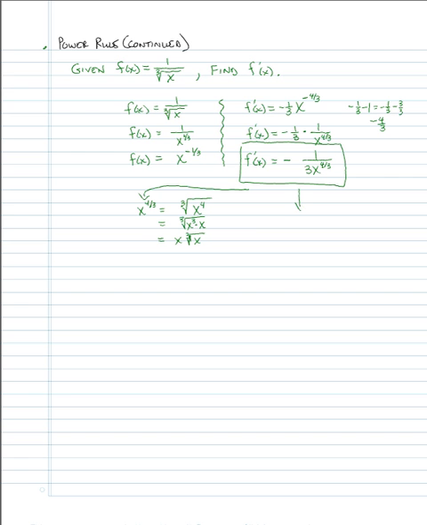So that would tell us that we could rewrite this as negative 1 over 3 times x times the cube root of x. And that would be an alternative form of writing that, and we may run into that on occasion. So we need to be appreciative of that situation.